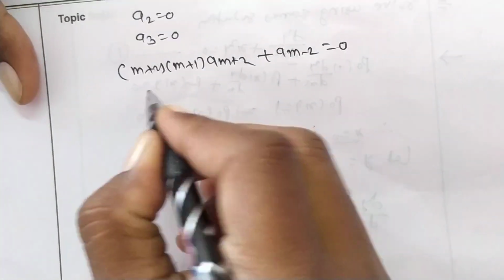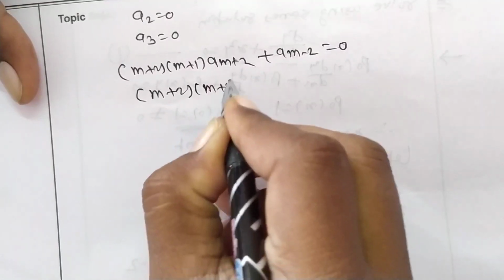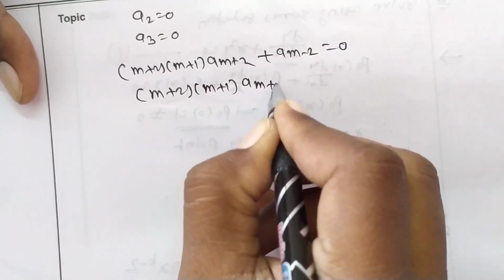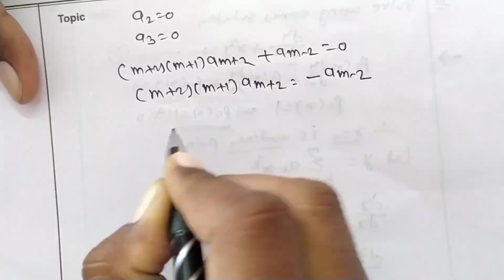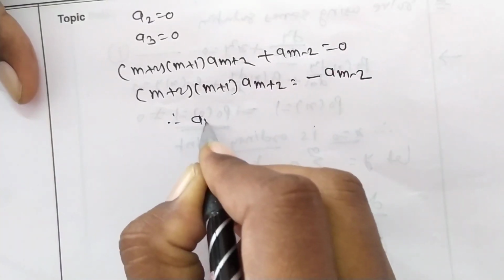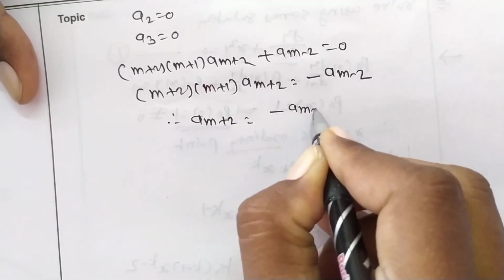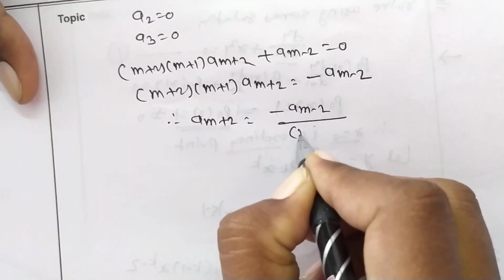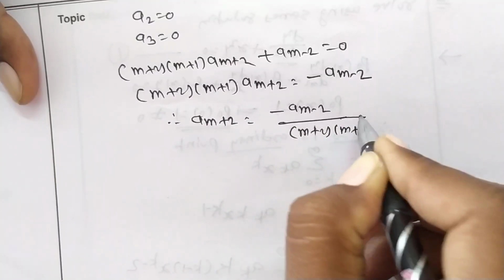Now recurrence relation means m plus 2 into m plus 1 into am plus 2 is equal to minus am minus 2, and therefore am plus 2 is equal to minus am minus 2 upon m plus 2 into m plus 1.